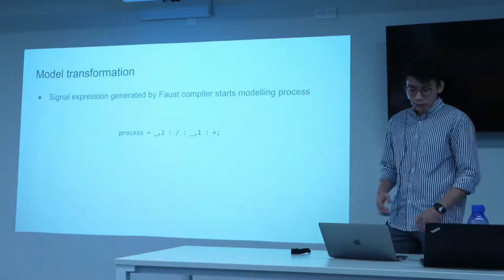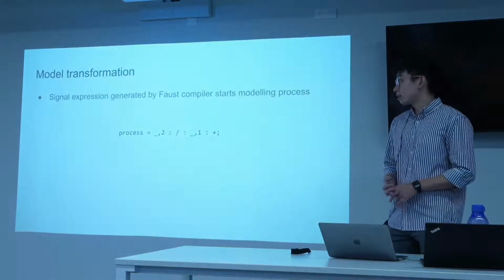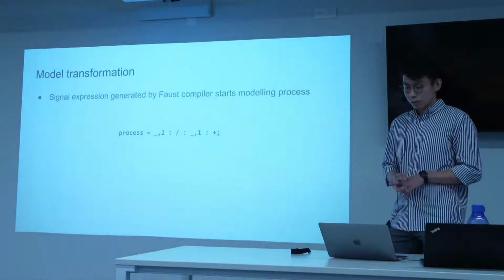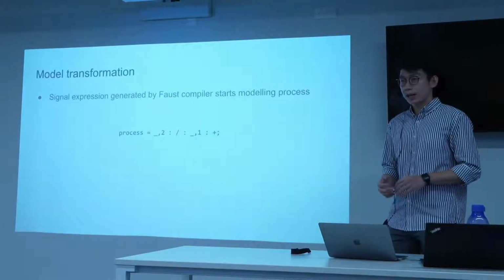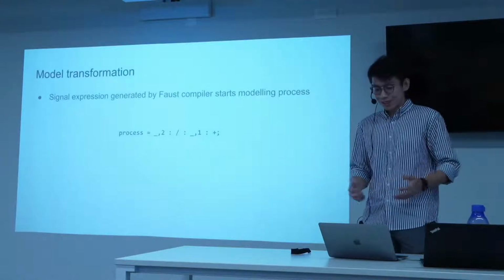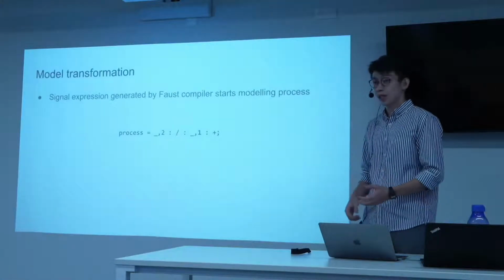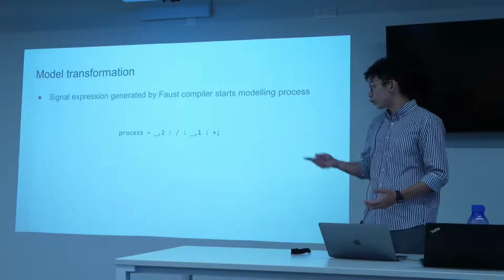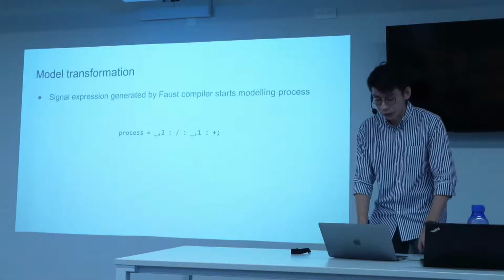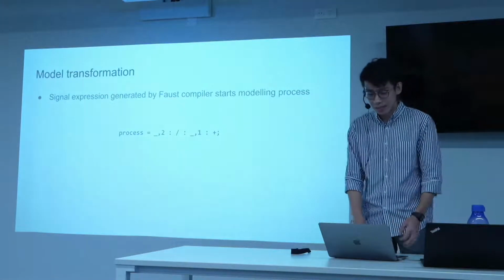And so, given this model of SDFs, we tried to model Faust programs as SDFs. And the great thing about the Faust compiler is that they generate these things called signal expressions. And so this is just a little toy example of a Faust compiler, and it's going to act as like our base case.